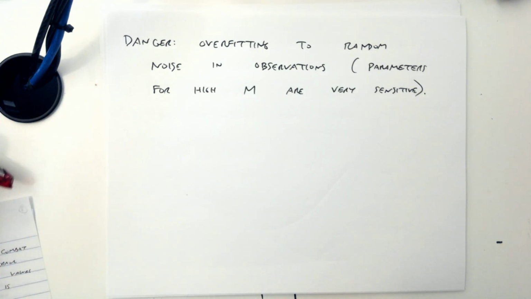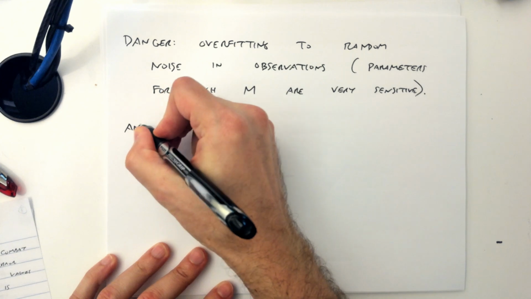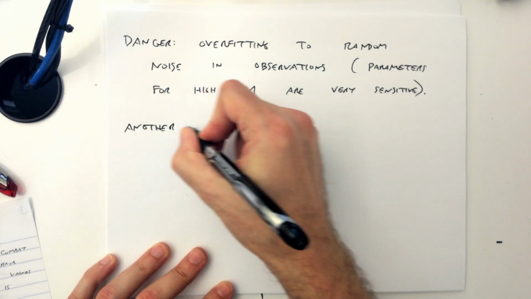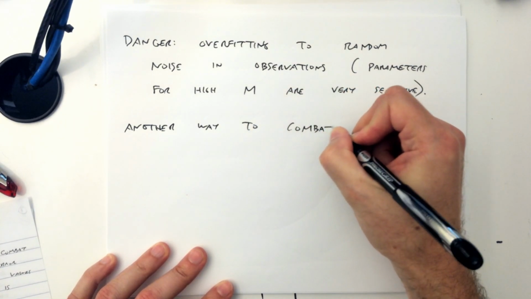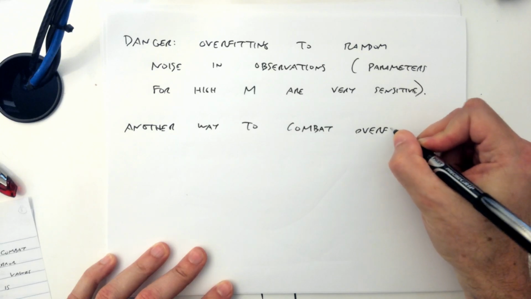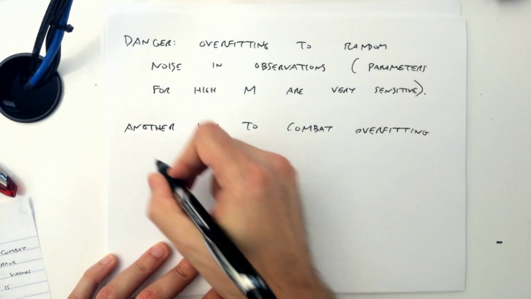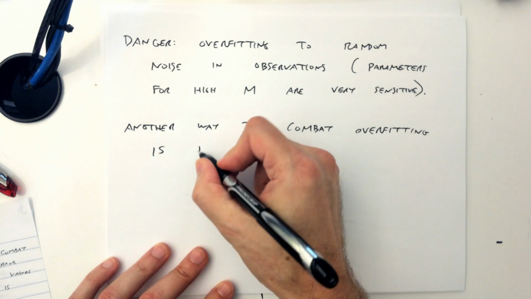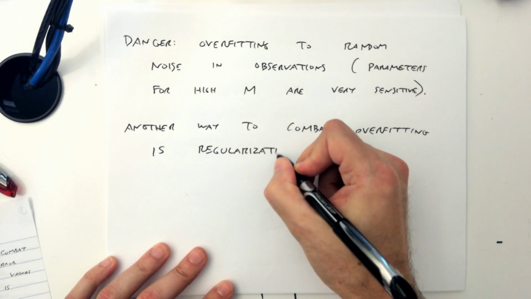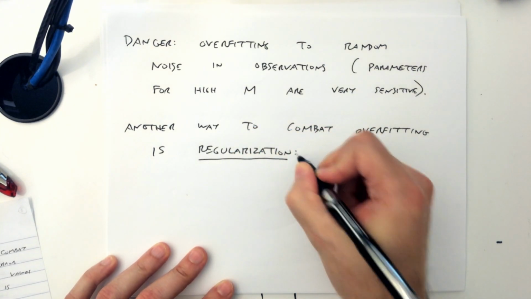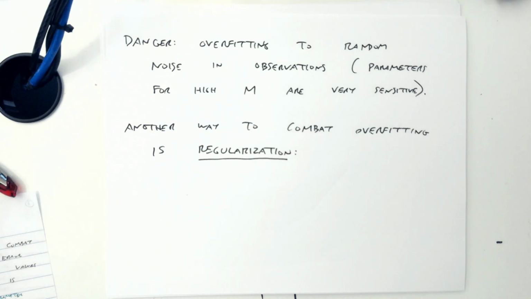So, another way to combat overfitting is what's called regularization. And we'll come across this idea in many different ways as we go forward in class, right?